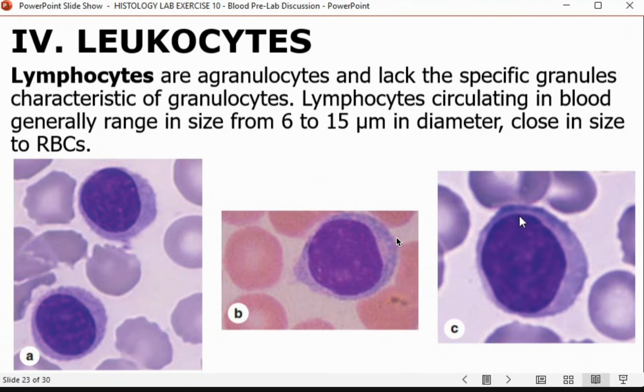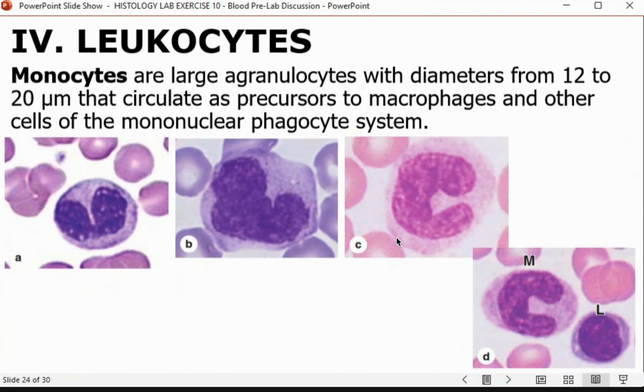In that case, we'd have to differentiate it by manner of size. But most of them do have what we call this kidney bean shaped nucleus, or rather a C shaped nucleus, which allows us to better identify it as a monocyte. Here's in the picture on the bottom right. You have a lymphocyte here and then a monocyte right next to it.